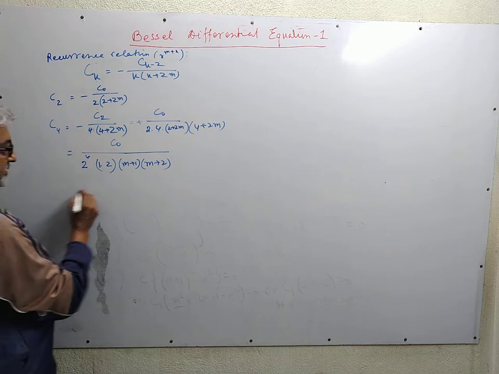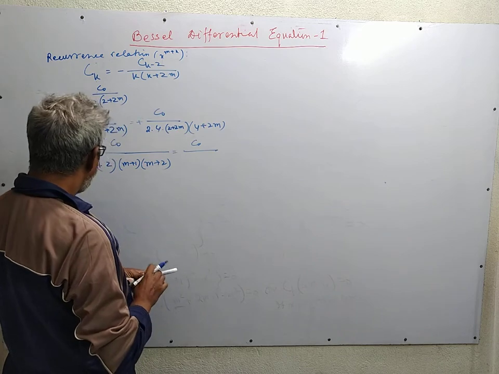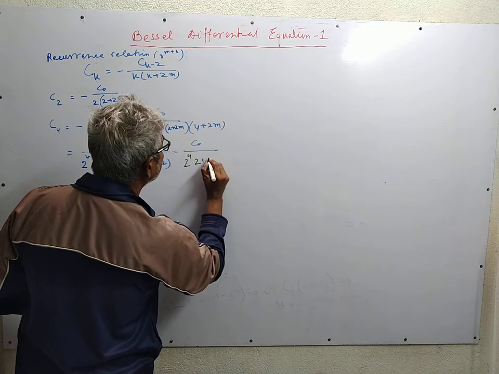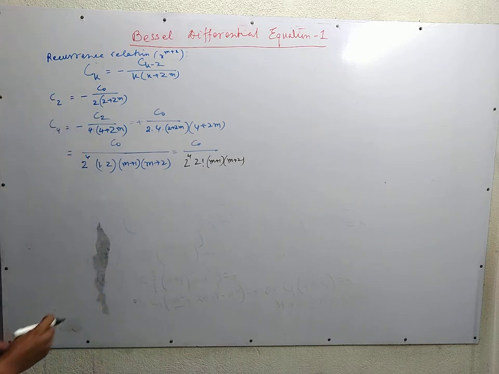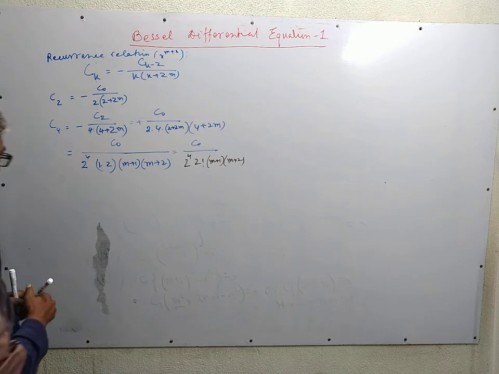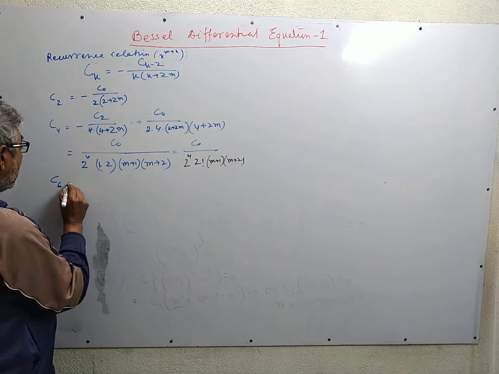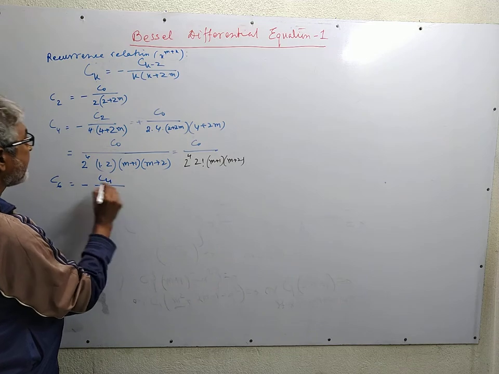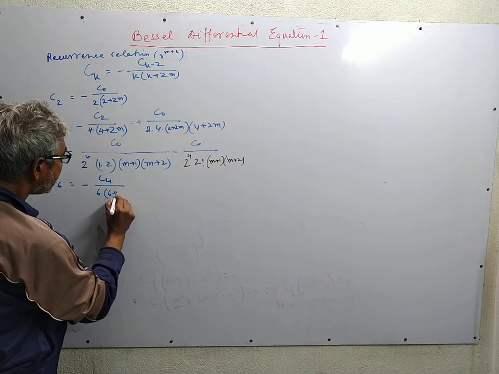Coming to C4, this can be written as C0 upon 2 to the power 4, 2 factorial, m plus 1, m plus 2. Note that m may not be an integer. For C6 it is minus C4, and here it is 6 into 6 plus 2m.